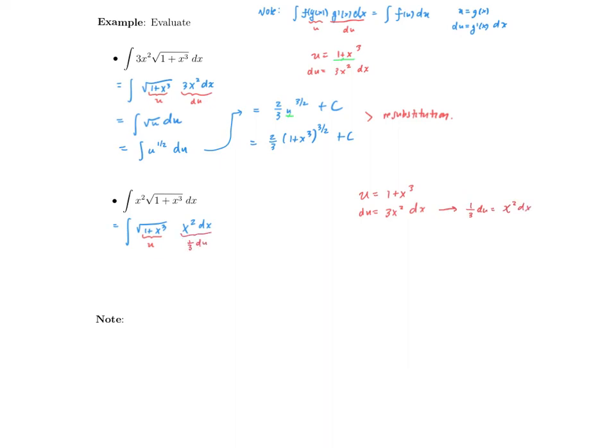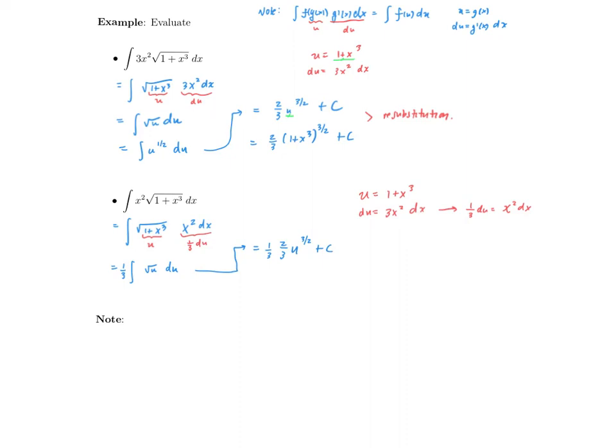So we can go from all x to a simpler integral only involving u. We have the square root of u times 1/3 du. 1/3 is a constant, so I'll go ahead and pull that out front. We now anti-differentiate this simpler function, which we've already done above. It's 2/3 u to the 3/2 plus c.